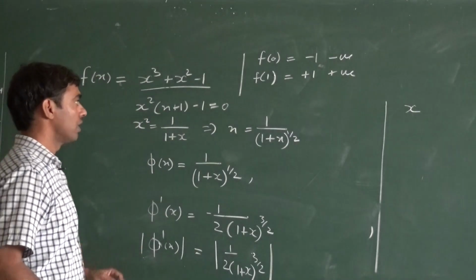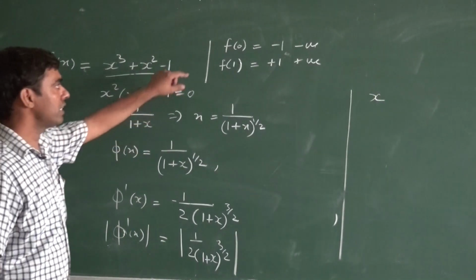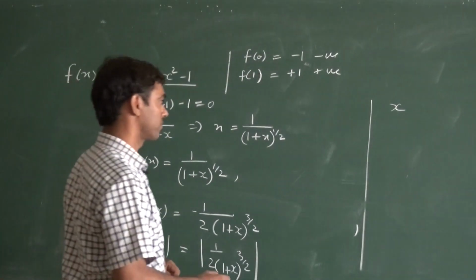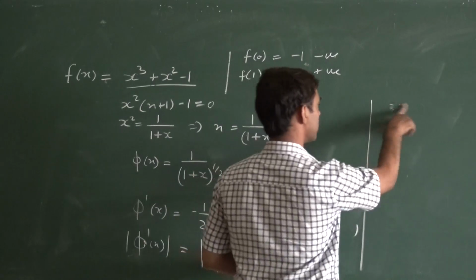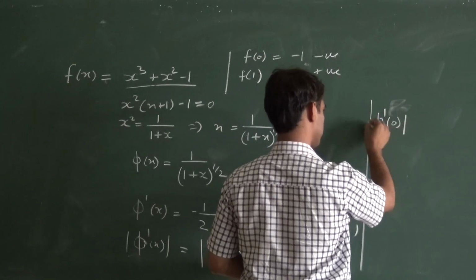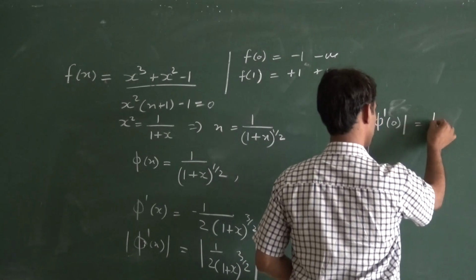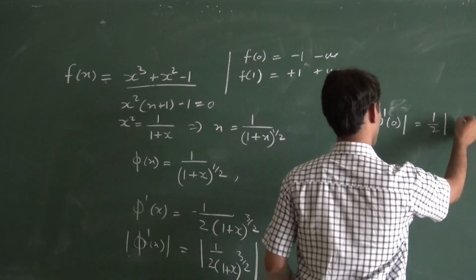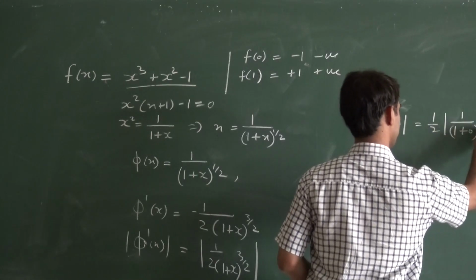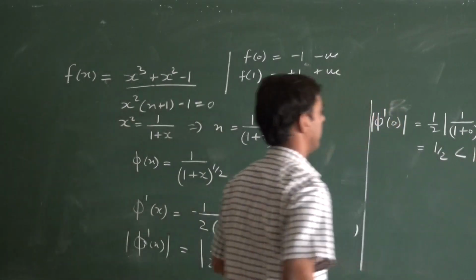Now we put x equal to 0 and examine the value of phi dash x between 0 and 1. What is mod of phi dash 0? Mod of phi dash 0 equals 1 by 2 times 1 upon 1 plus 0 to power 3 by 2. Obviously this equals 1 by 2, and this is less than 1.